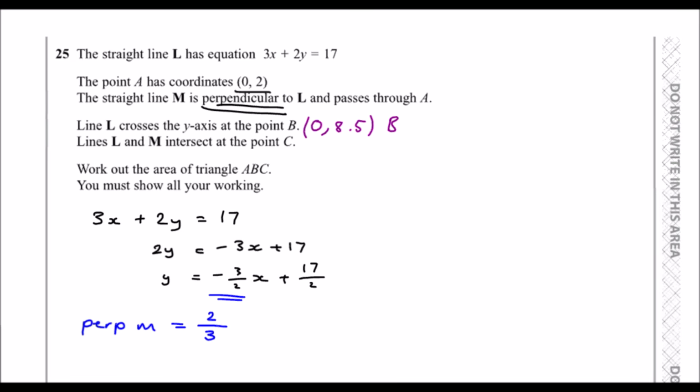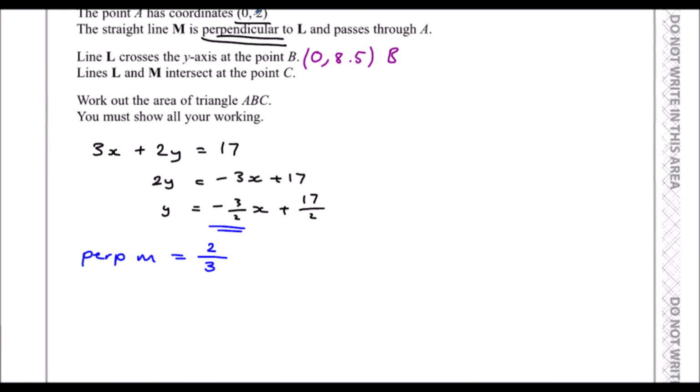So then line M, it's got a y-intercept of 2. It goes through 0, 2. And its gradient is 2/3. So for M, we've got y equals 2/3 x plus 2.